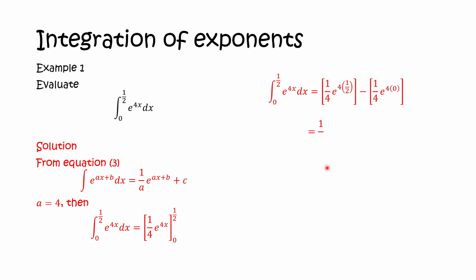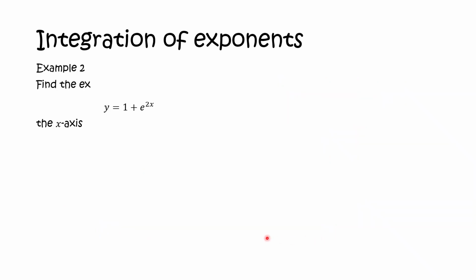So simplifying that, we would get 1/4 times e to the 2 minus 1/4 e to the 0. Simplifying further, we would have 1/4 times e to the 2 minus 1/4. And of course, we are going to factorize so that we have 1/4 times e to the 2 minus 1 as our final answer. Let's go to example 2.